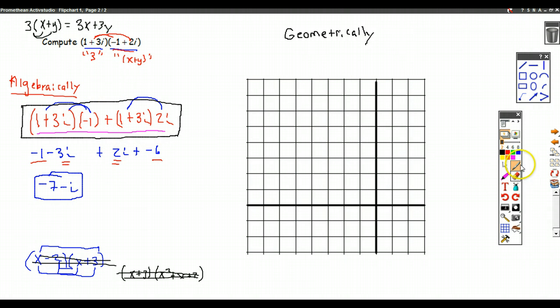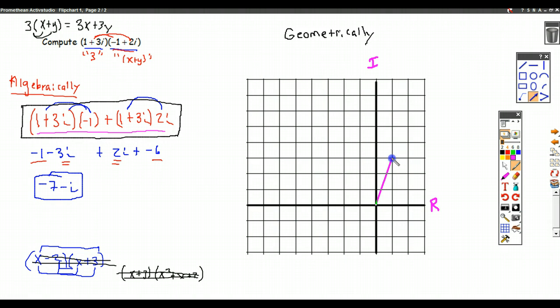So watch how it works. Here's my 1 plus 3i times negative 1. So let's start with 1 plus 3i. There's my imaginary axis, there's my real axis. We know that 1 plus 3i looks like this.